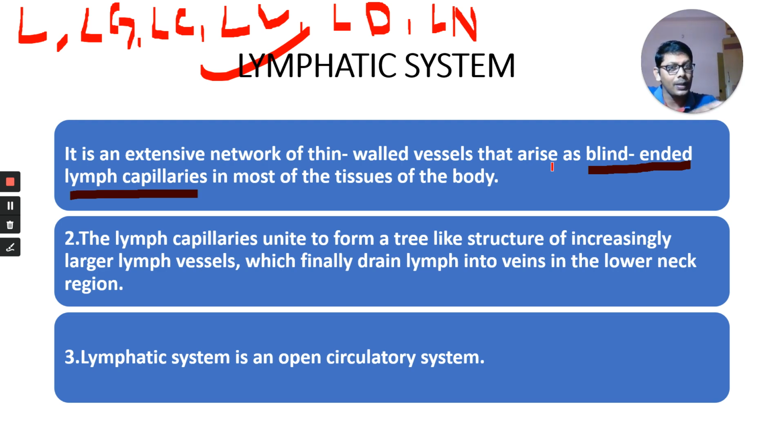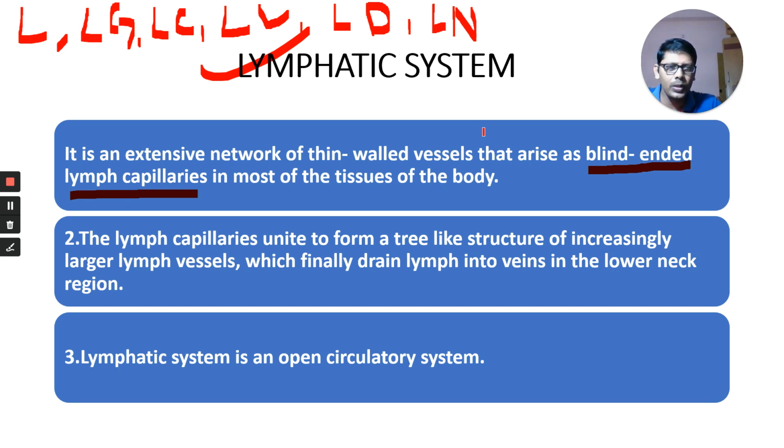It starts as blind-ended lymph capillaries in most of the tissues of our body. The lymph capillaries and blood capillaries unite and form other vessels like venules.